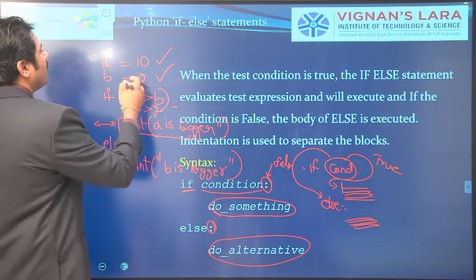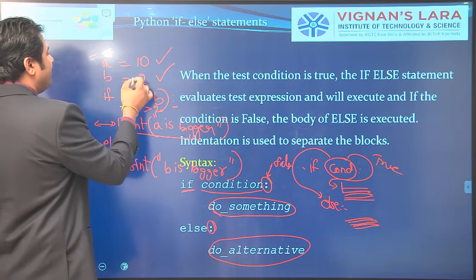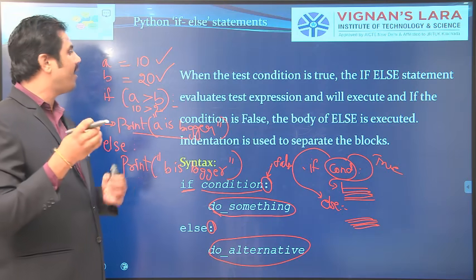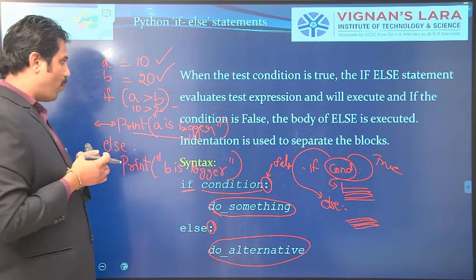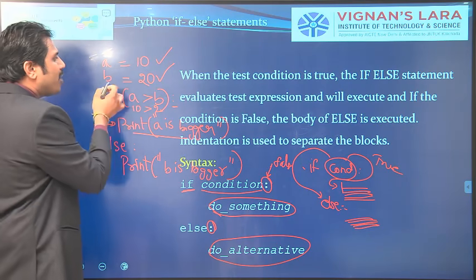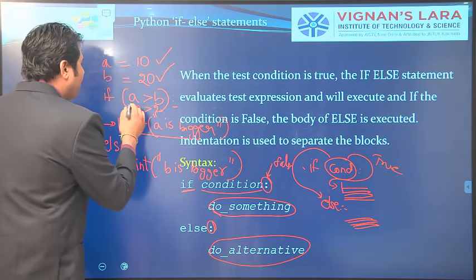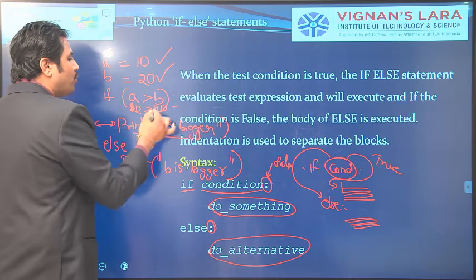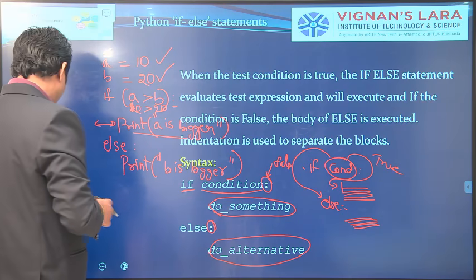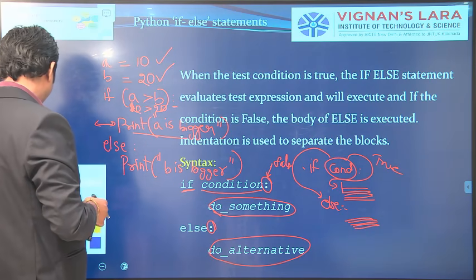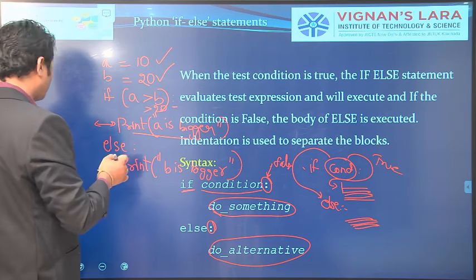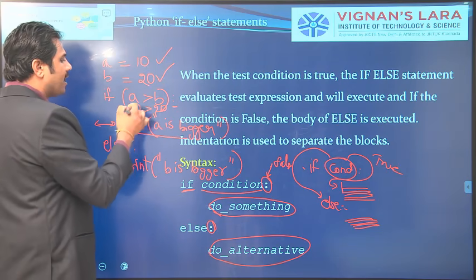If you take this B as 20, what happens? A equals 10, B equals 20. That means is 10 greater than 20?